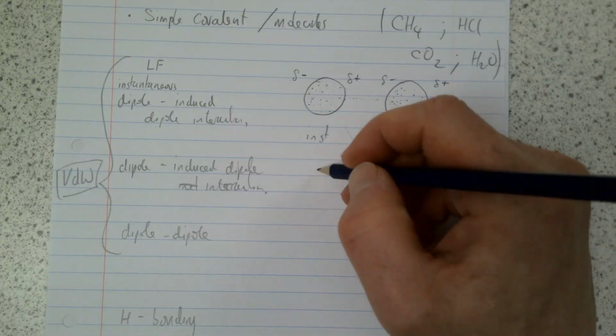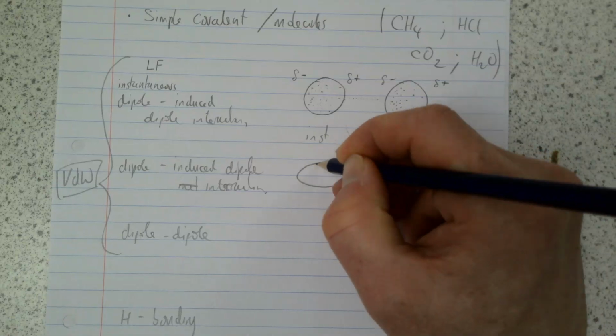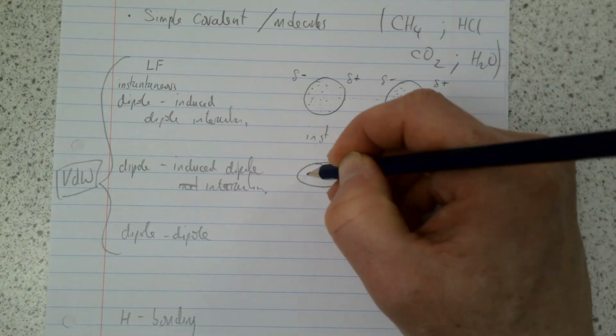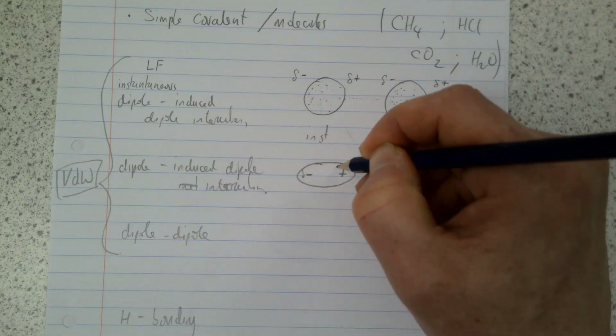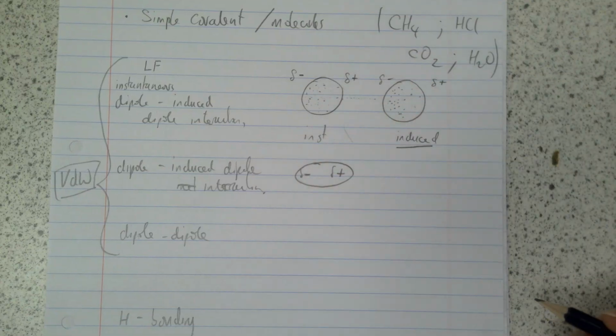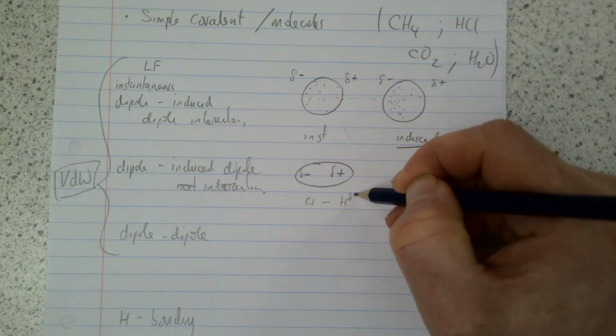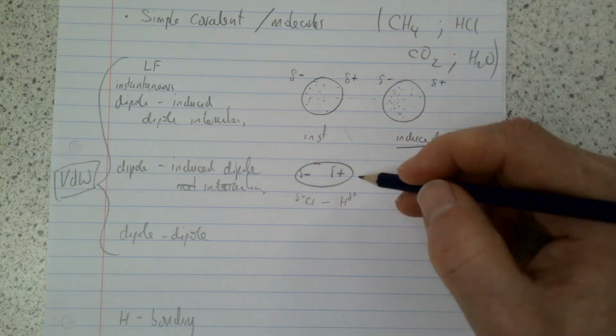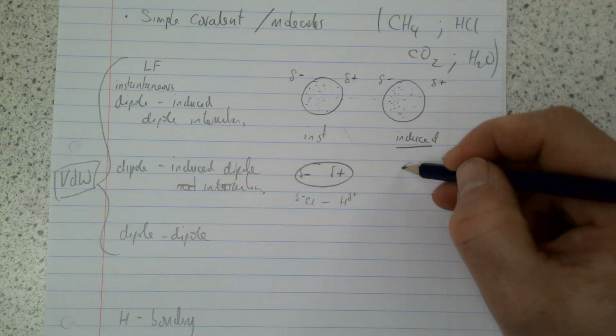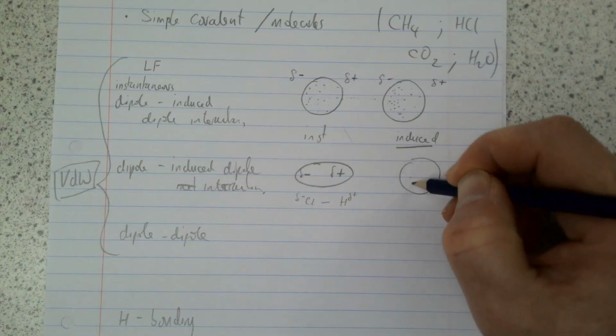This same idea can happen between a molecule that's got a permanent dipole, due to the fact that within it there are polar bonds and the molecule is not symmetrical, so it's a polar molecule. An example might be HCl. That can cause an induced dipole in a neighbouring molecule.